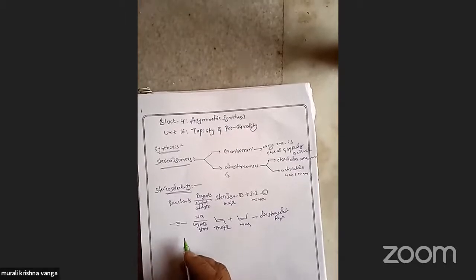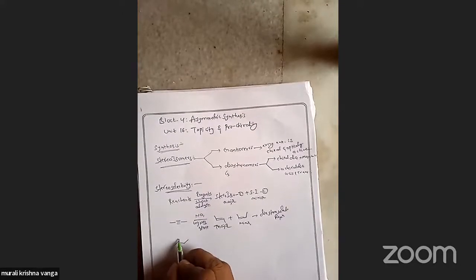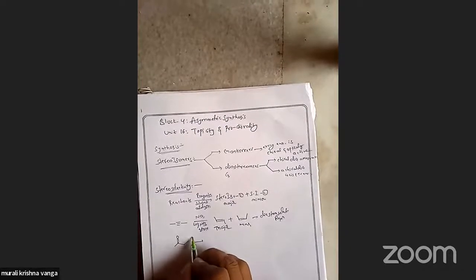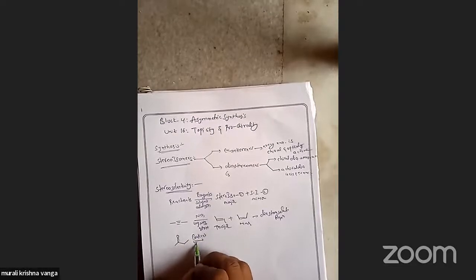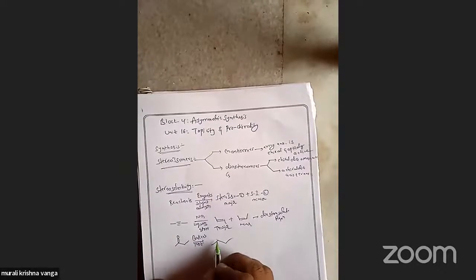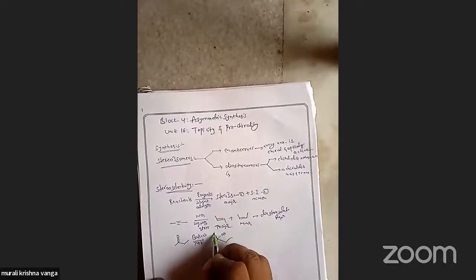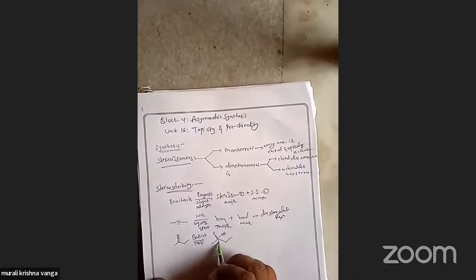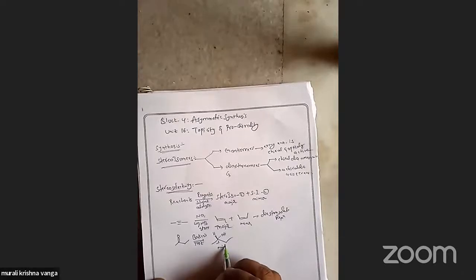In another example I have taken, Baker's yeast is the reagent and the reactant is 2-butanone. When this 2-butanone reacts with Baker's yeast, it produces two isomers. When hydrogen attacks from the top side, the OH product is S, and this is major.